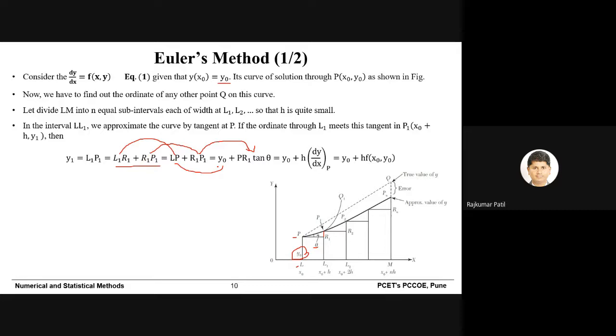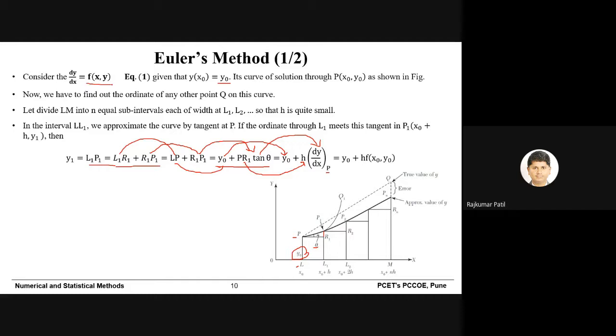So this is how we converted the given equation into a form in which most of the values are known to us. Here Y0 is the initial condition of Y and is given to you. Then PR1 is nothing but the interval that we decided, which is h, and tan theta is dy by dx at point P, and this dy by dx is nothing but f of x y.